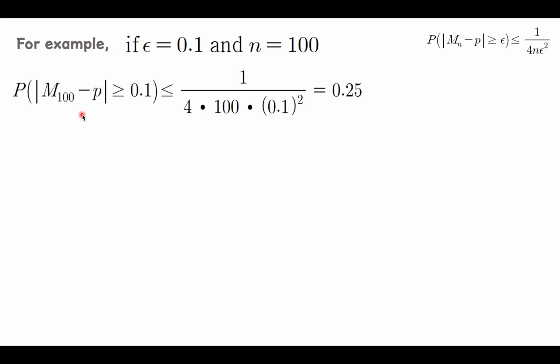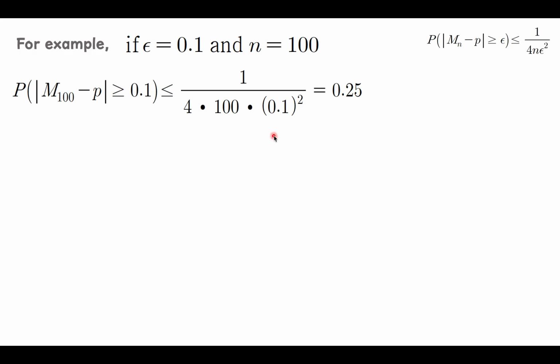It means that when the sample size n is 100, the probability that our Mn, here M100, is incorrect by more than 0.1 is no larger than 0.25.